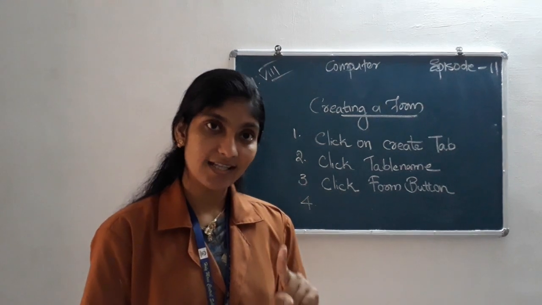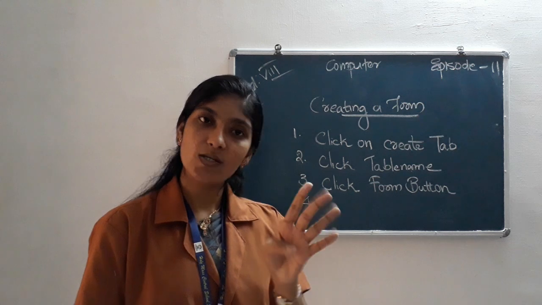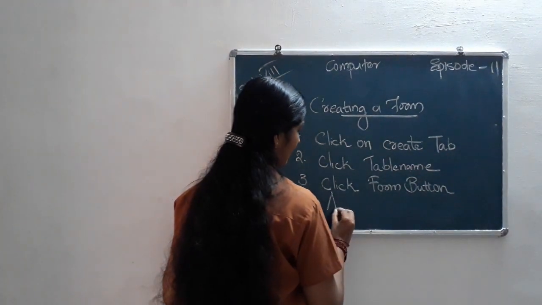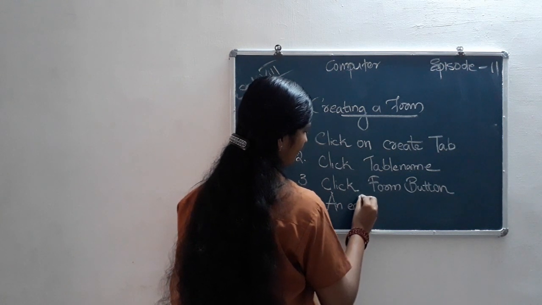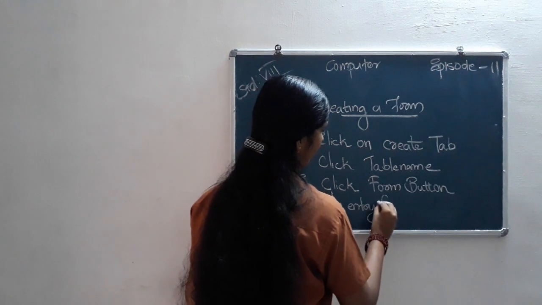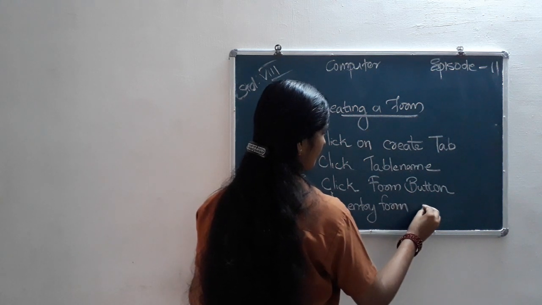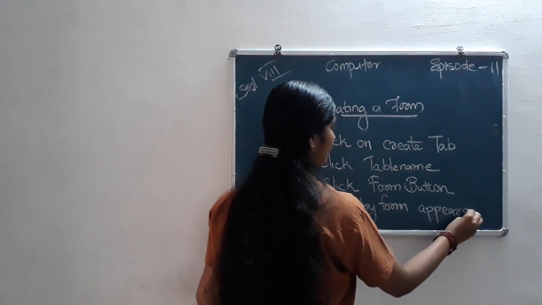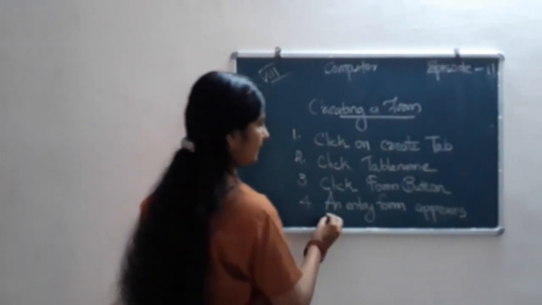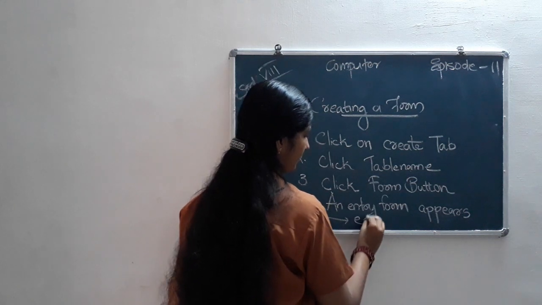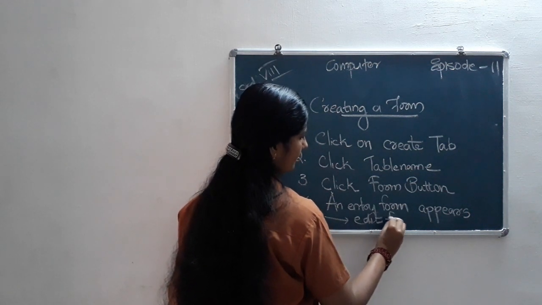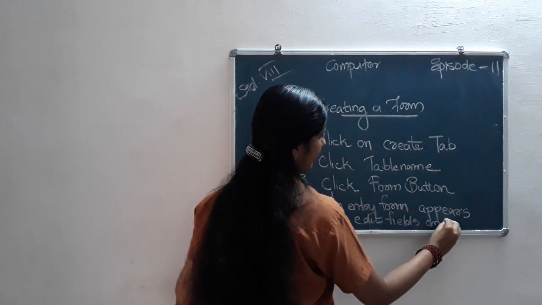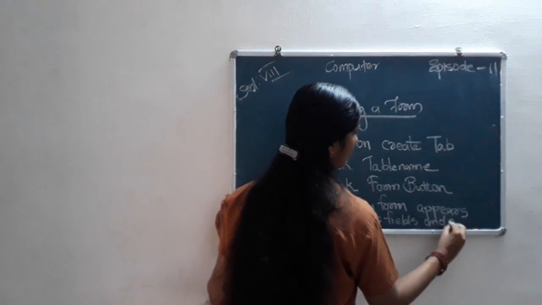So you can edit the field name. For that, just double click on the field name. An entry form appears. Then edit field names and enter data.